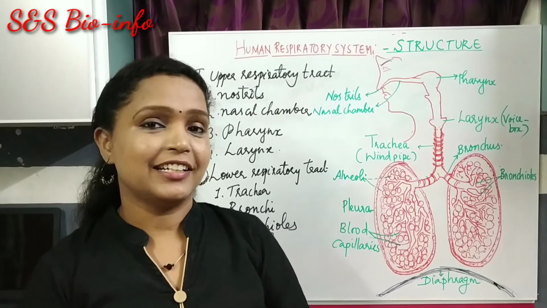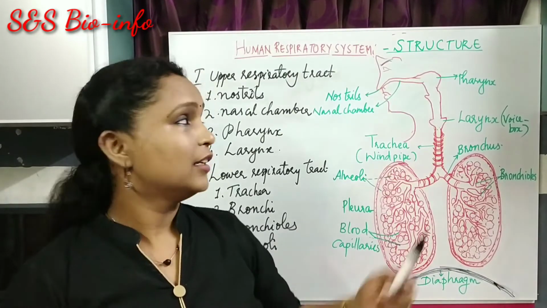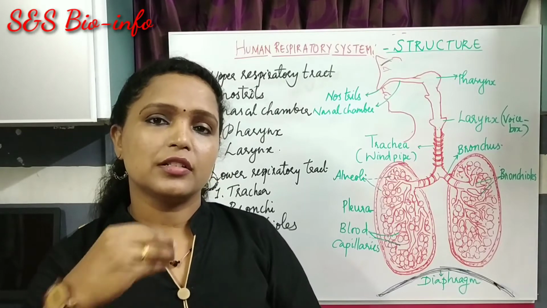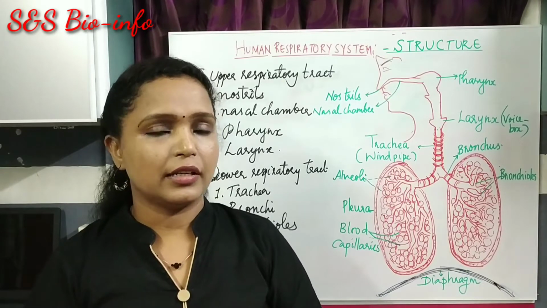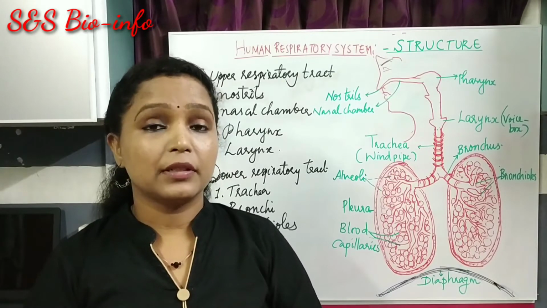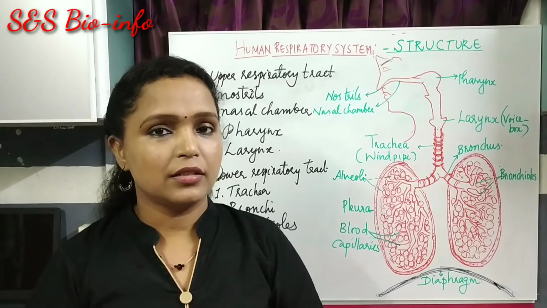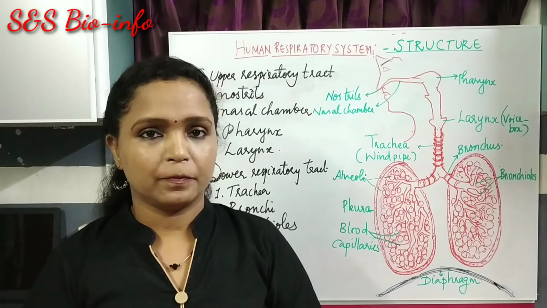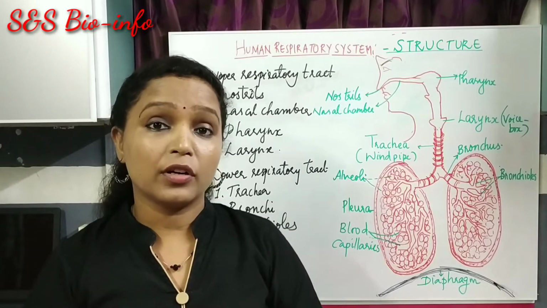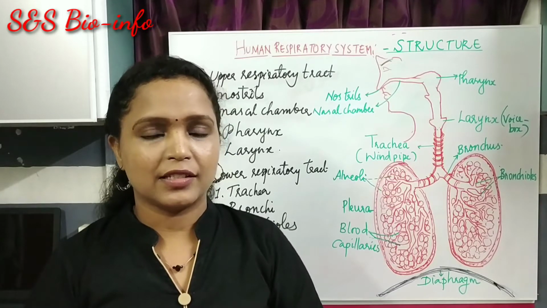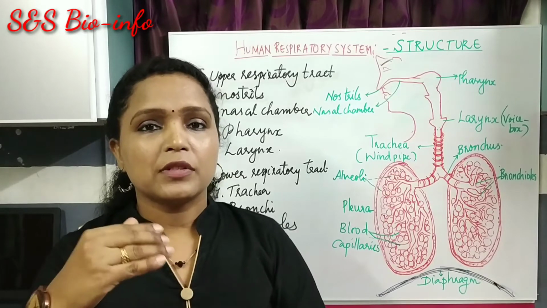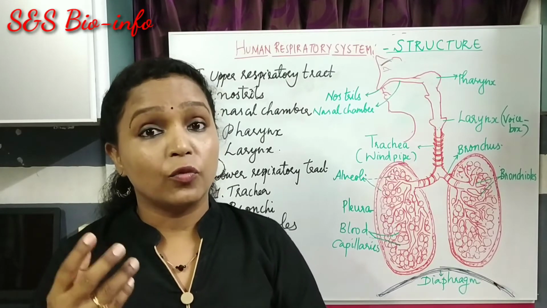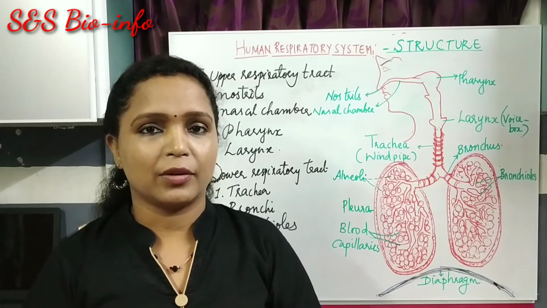Next, let's understand the function of each part of the respiratory system. First of all, the nostrils. Nostrils lead to the nasal chamber or nasal cavity. The nasal chamber consists of minute hairs and mucus. Mucus is secreted by mucus glands. This mucus has a pretty important job inside the nasal chamber. It keeps the lining of the nasal chamber moist and keeps the air warmed inside the nasal chamber.